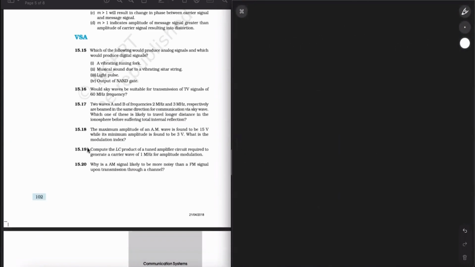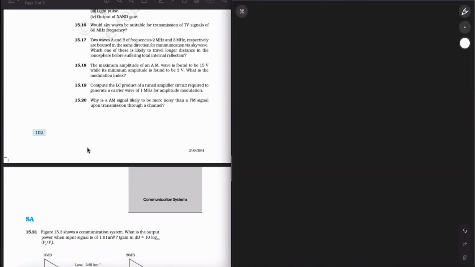Now, next up is question number 17. Two waves A and B of frequency 2 megahertz and 3 megahertz respectively are beamed in the same direction for communication via sky wave. Which one of these is likely to travel a longer distance in the ionosphere before suffering total internal reflection?